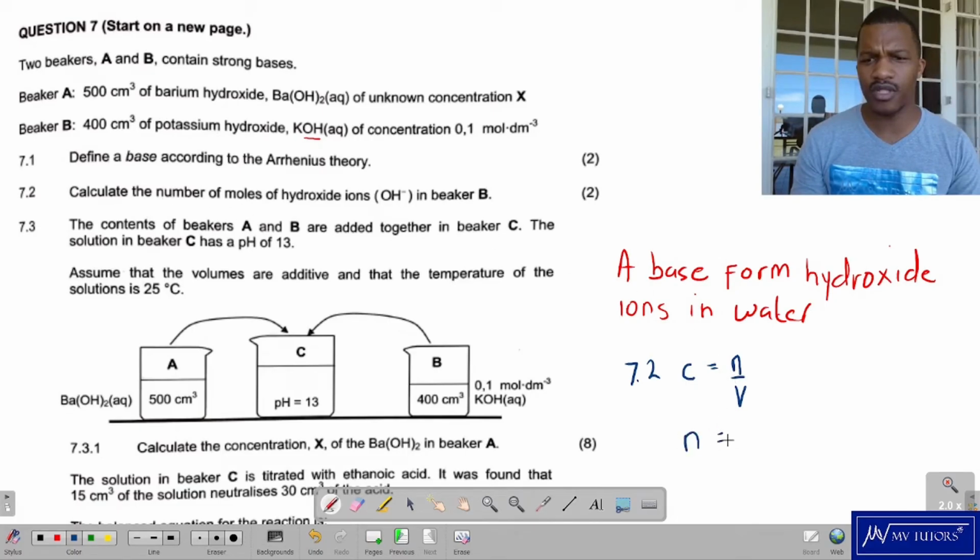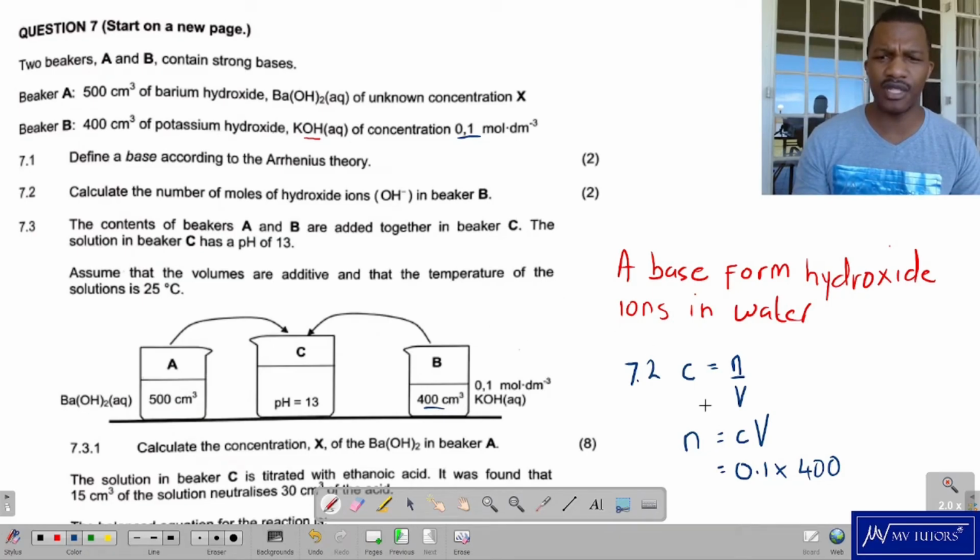So number of moles equals concentration times volume. The concentration we've been given at beaker B is 0.1, times the volume, which we know is 400. But we need to convert this 400 centimeter cubed to decimeter cubed, because this concentration is in decimeter cubed as well.